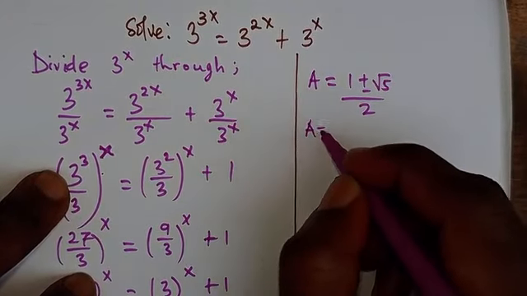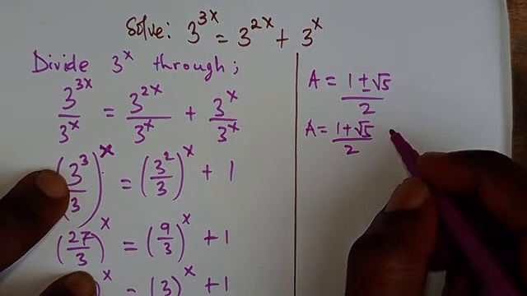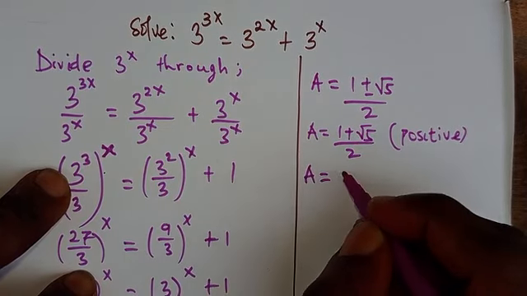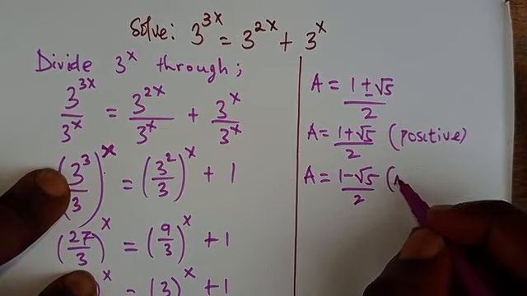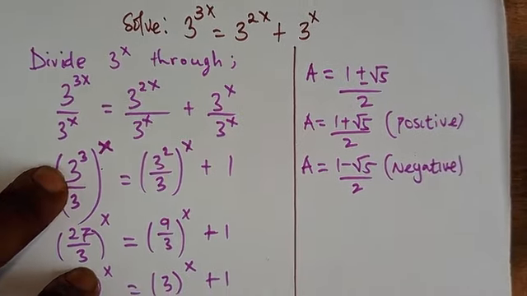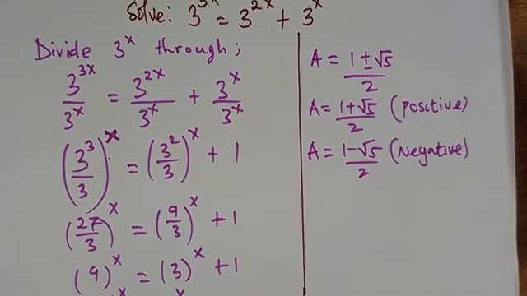So it's either a equals 1 plus root 5 over 2, where this one is positive, because we take the positive here, and then a equals 1 minus root 5 over 2, that's the second one, which is negative.